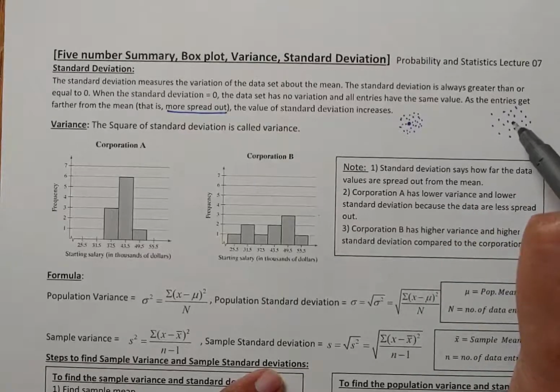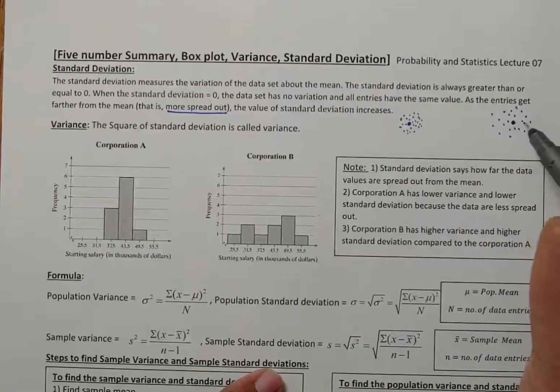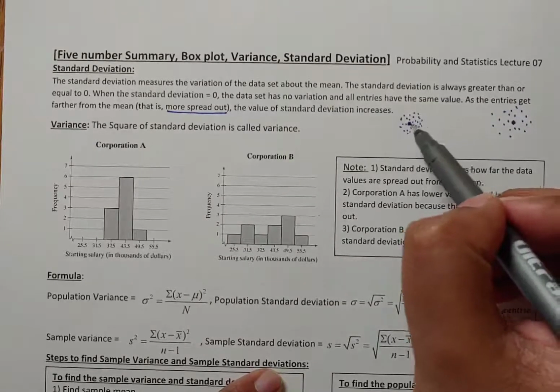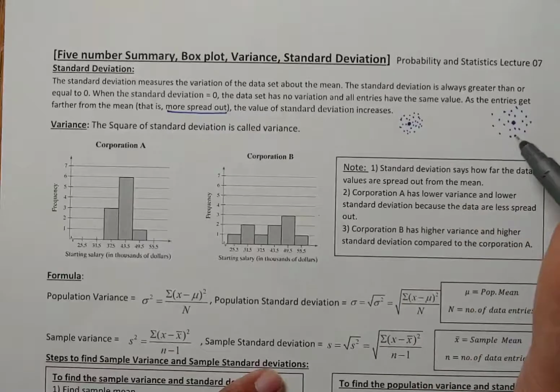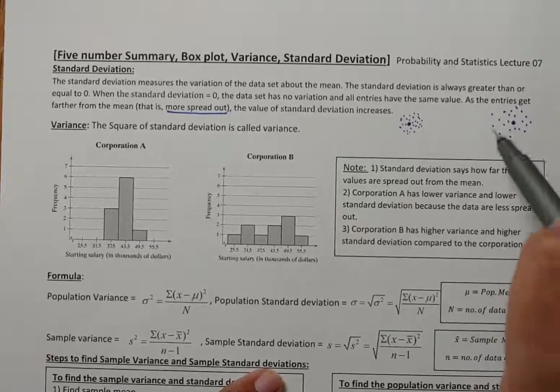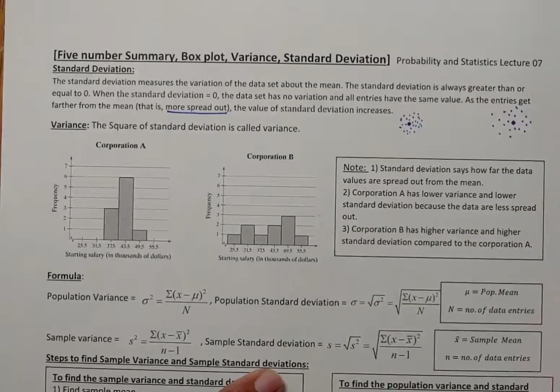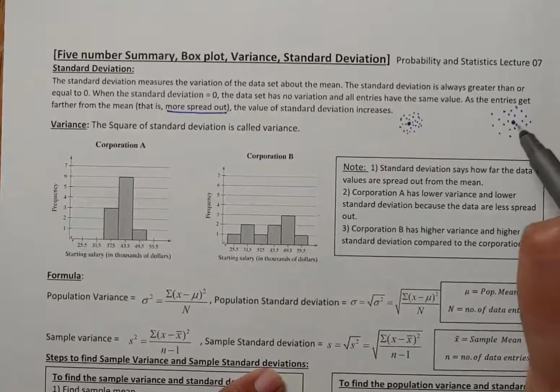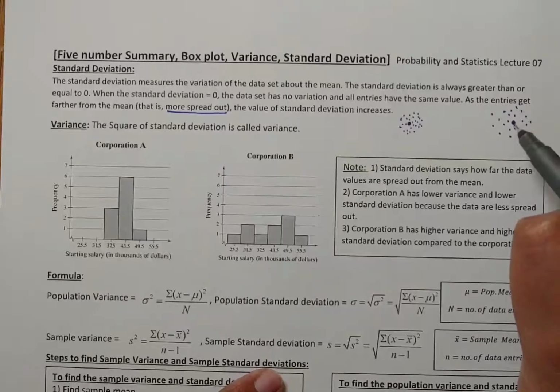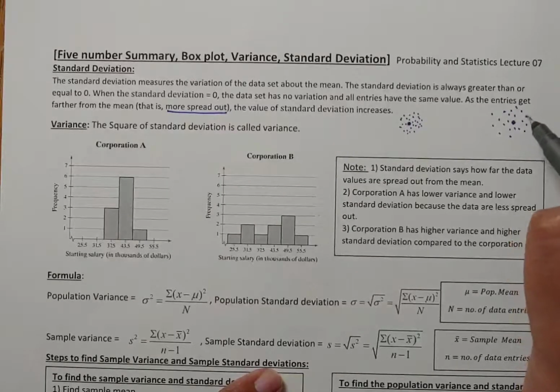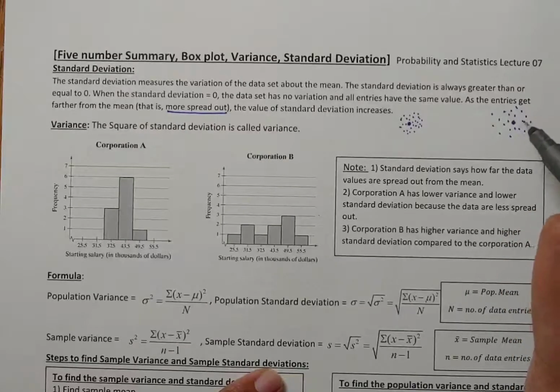If you have the mean here, then this distance is bigger than this distance, right? So this data is more spread out, and the distances from the mean to the data values are bigger.